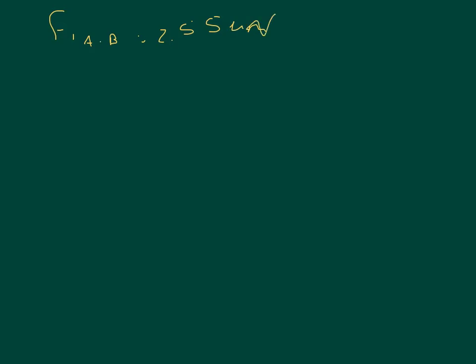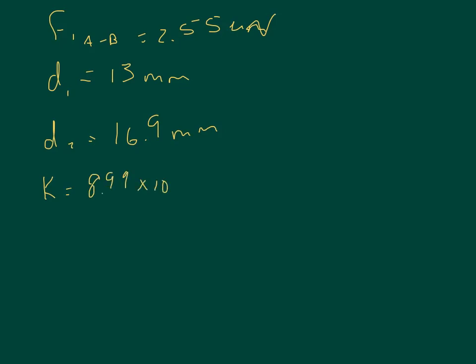And then we have that the distance is equal to 13 millimeters. And then we know that this is distance 1, so distance 2 is equal to 16.9 millimeters. K, of course, is a constant. We really don't even have to know it for this problem, but it's about 8.99 times 10 to the 9th.